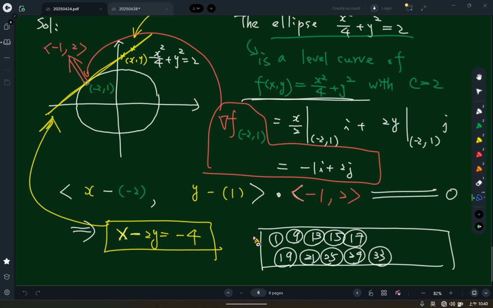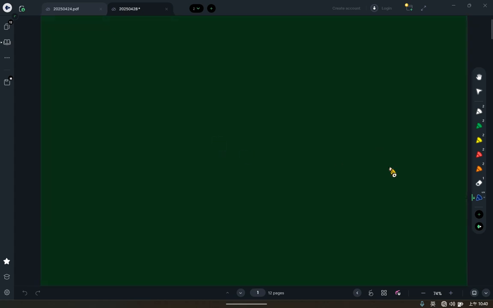OK, so we just spent almost more than 10 minutes reviewing the concept of what we learned last week. So today, I'd like to extend the idea to 3-dimensional space.